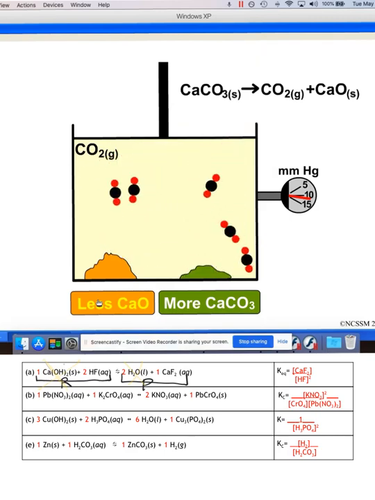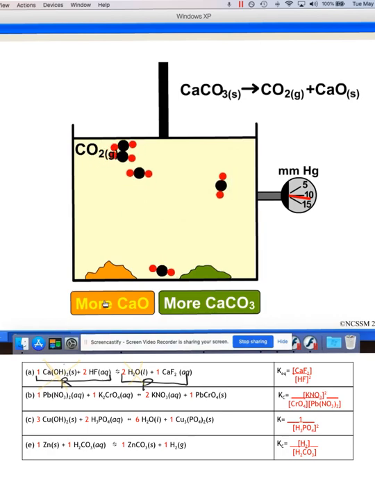It's still 5, right? So it looks like adding more solid to a system that's at equilibrium has no impact on it. If I add more or take away, you're going to see that it's not going to impact. Likewise, for calcium carbonate, which is also a solid, so these two are solids, you're going to see that it has no impact on the system.